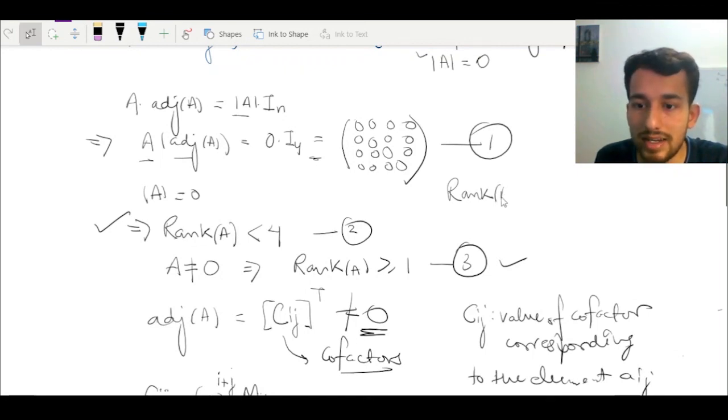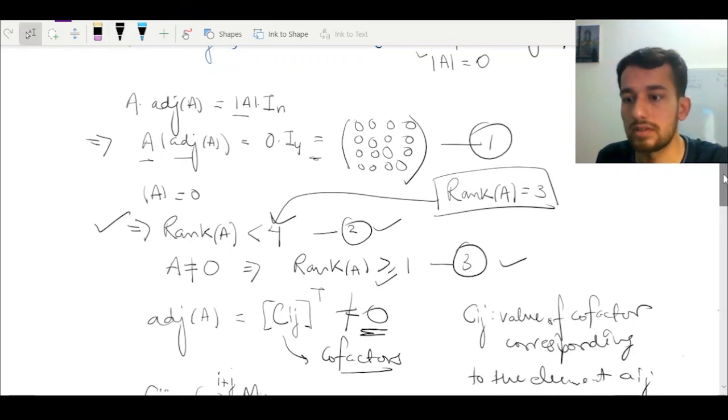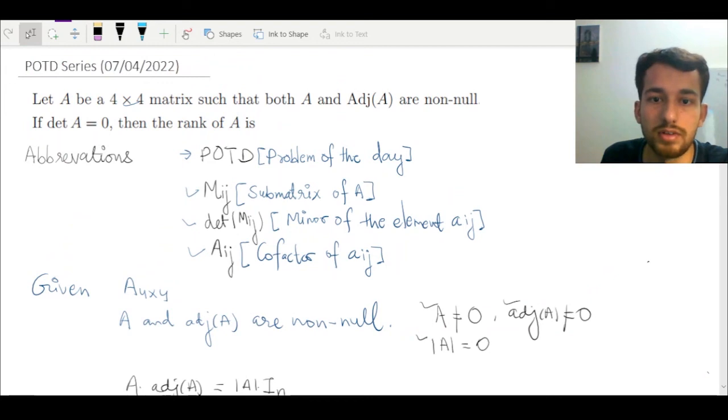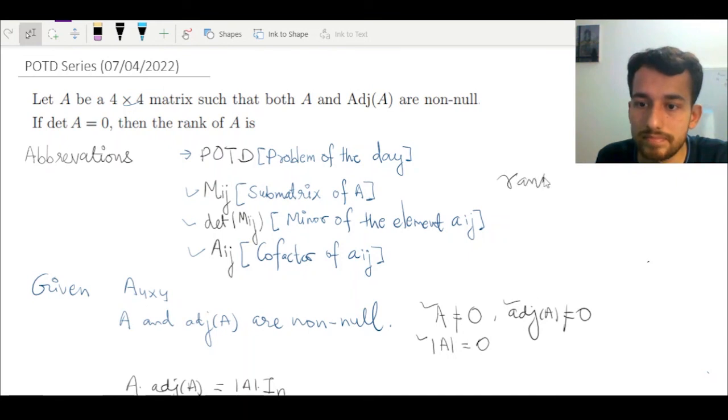So the rank of the matrix A has to be 3 in this case, which also satisfies this inequality, that the rank is strictly less than 4, and of course greater than or equal to 1. So we have solved this problem: in our case the rank is 3.